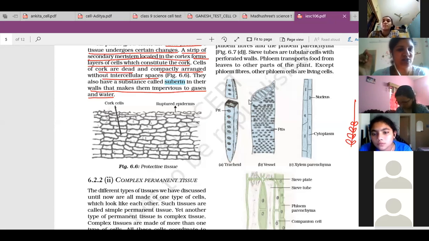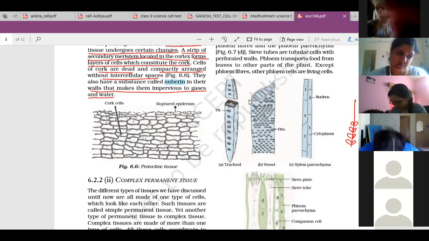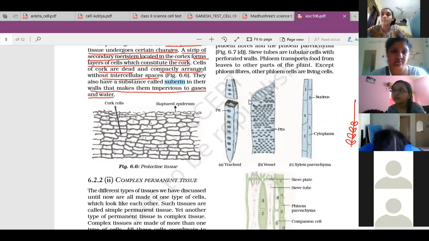Don't write it as dead tissue, it is mostly dead tissue. So basically, the tracheids and vessels perform the main function, giving a passage through the pipe. Parenchyma provides nutrition, and the sclerenchyma provides strength.